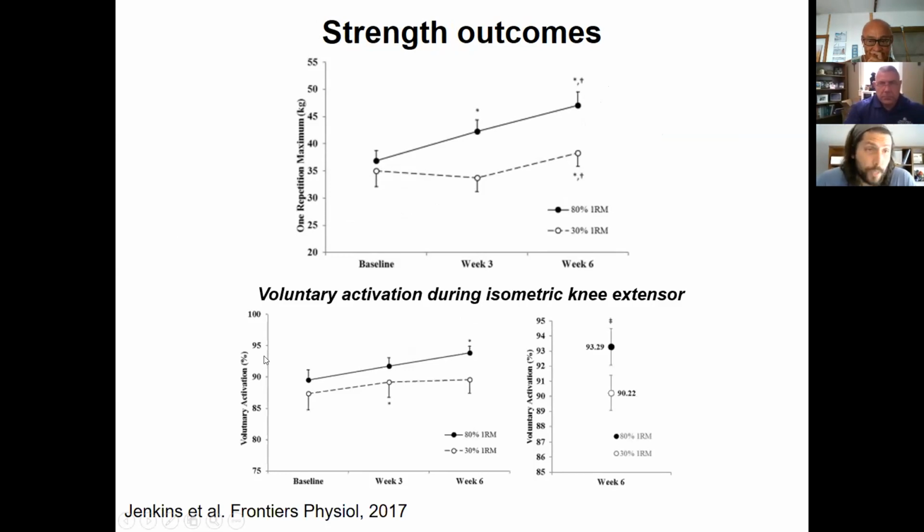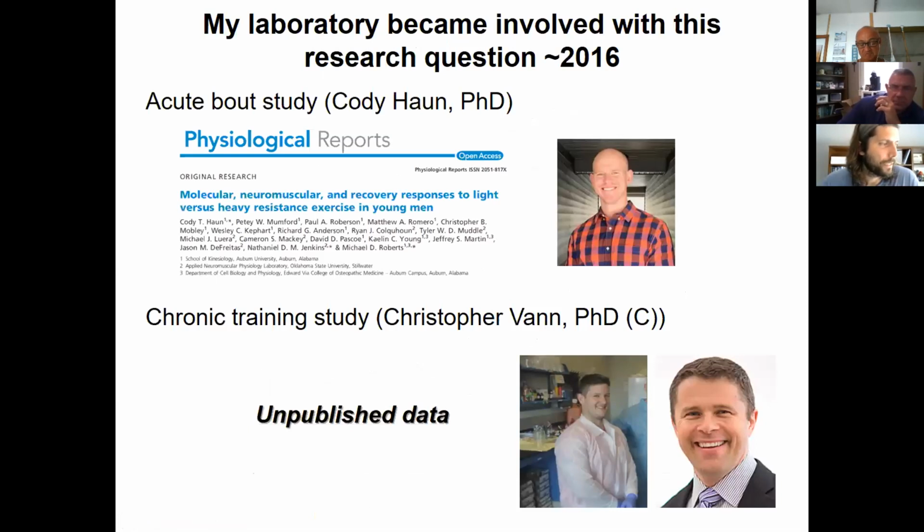Using twitch interpolation, they showed that pre to post training, you can actually activate more muscle fibers or motor units with heavier training. So the neural adaptations and the neuromuscular adaptations facilitated seem to be greater with heavy training versus light training, okay?